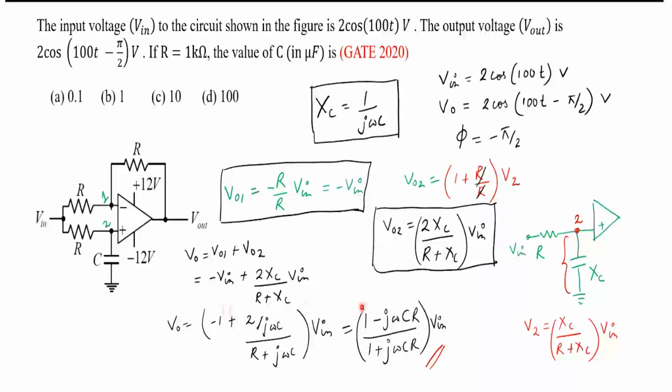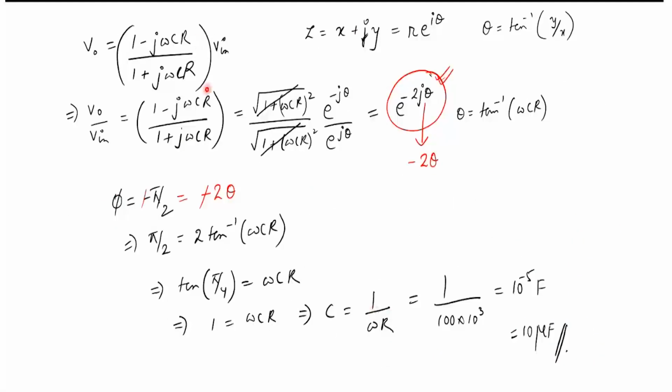And in the final expression, it will always come as a complex number. Whenever it comes as a complex number, if you want to find out about the magnitude or the phase, then you convert this complex number into polar form, then you analyze the circuit. That is how you can deal with an op-amp circuit which has capacitors or inductors. Fine.